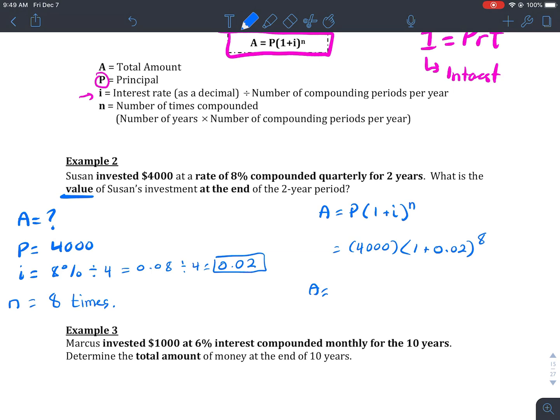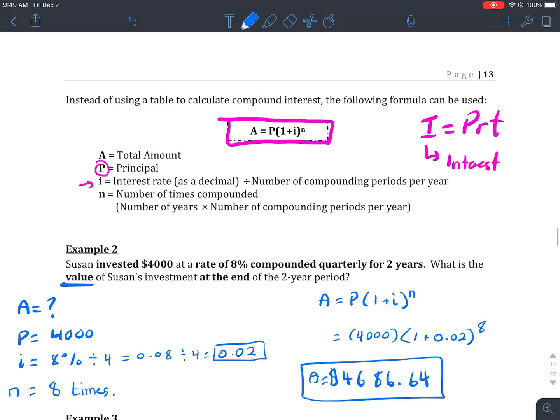Now if we grab our calculator and do all of those nice things, 4,000, 1 plus 0.02 to the power of 8. At the end of this 2-year period, Susan's money will be worth $4,686.64. This is going to be the total value of her investment.